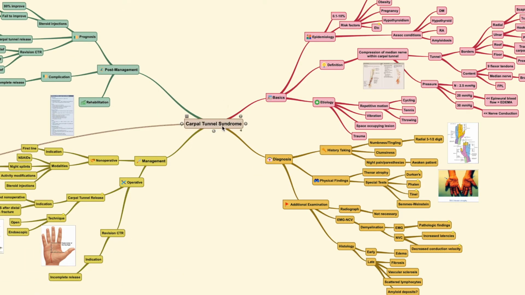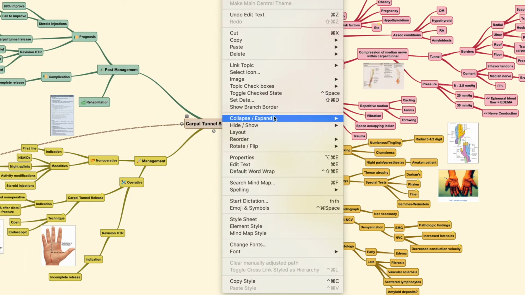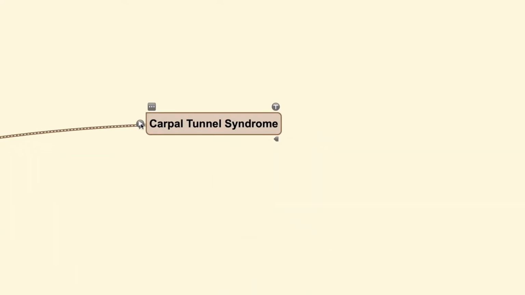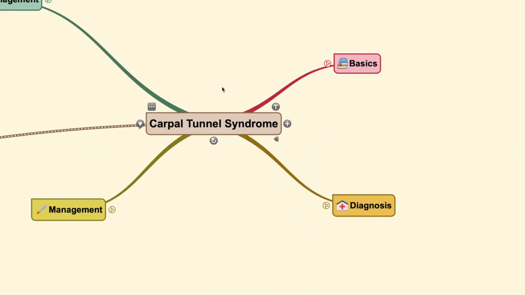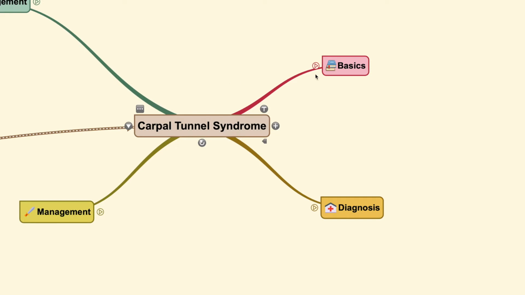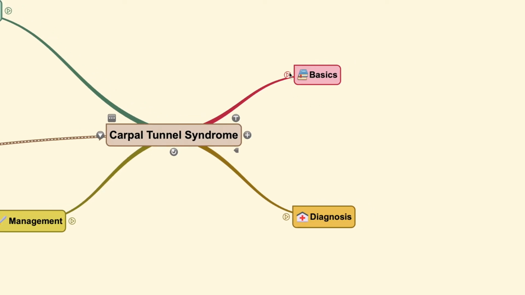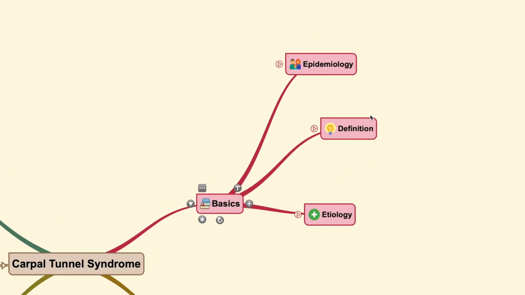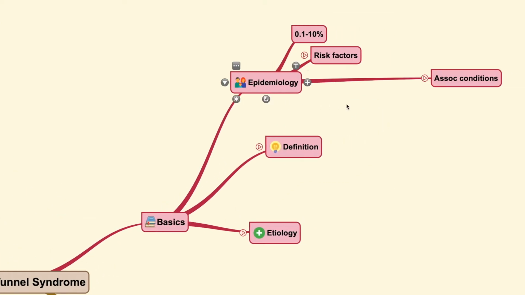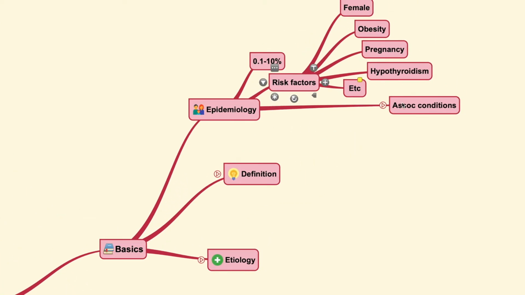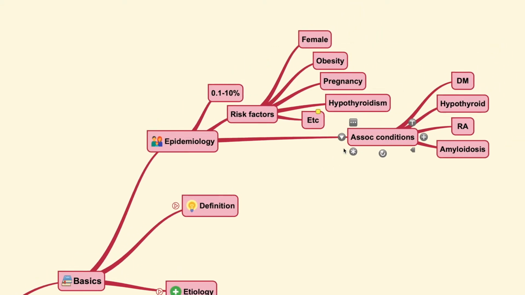As you can see here, there are certain things regarding carpal tunnel syndrome that need to be learned and mastered before you are able to make a solid diagnosis and also treat this condition. Basically, you need to know the epidemiology that goes along with it.